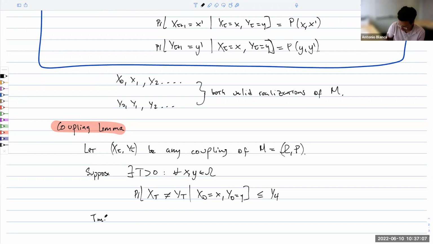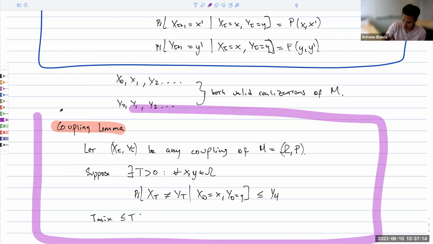Then the mixing time is bounded by T. Okay, so any questions about the statements of the lemma?